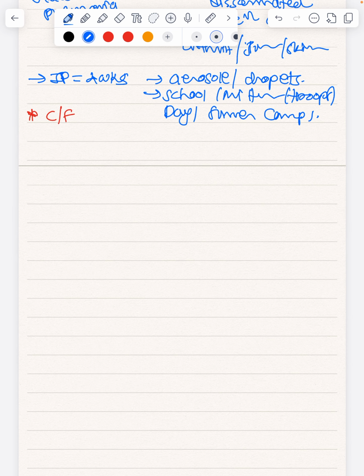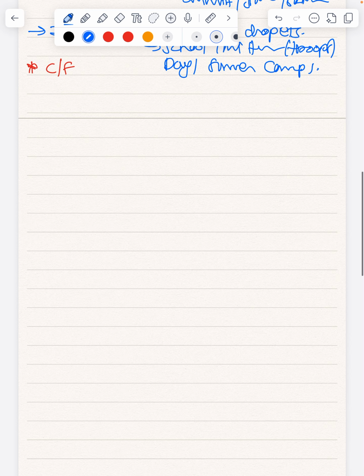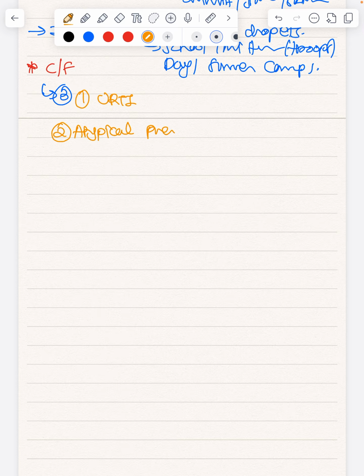In the clinical features of Mycoplasma pneumoniae, there are only 3 features. The first one is URTI, the second one is atypical pneumonia, and the third one is the extrapulmonary manifestations.